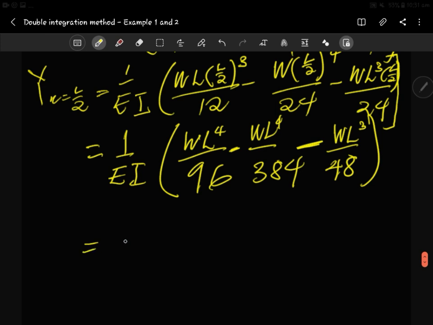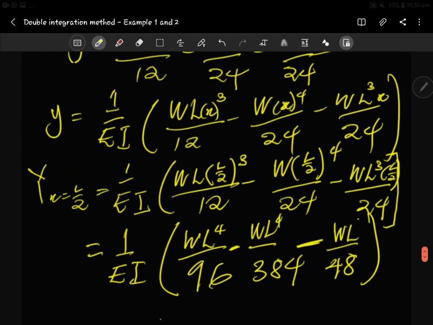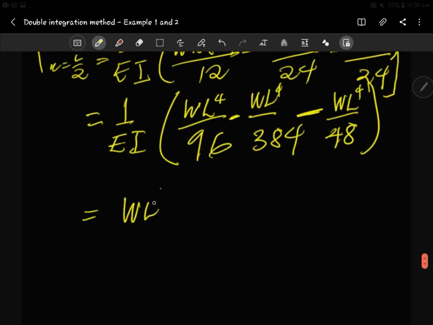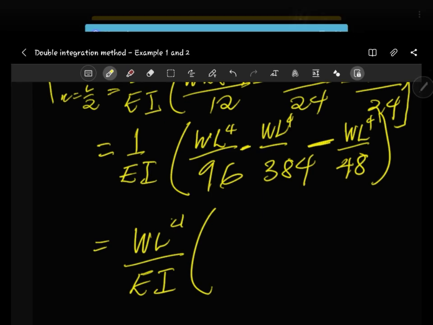When we try to factorize, we have W L to the power 4 actually. Let's factorize the power 4 on EI.